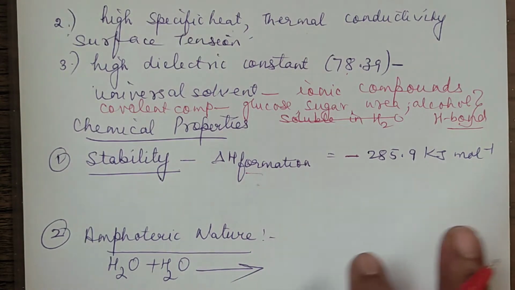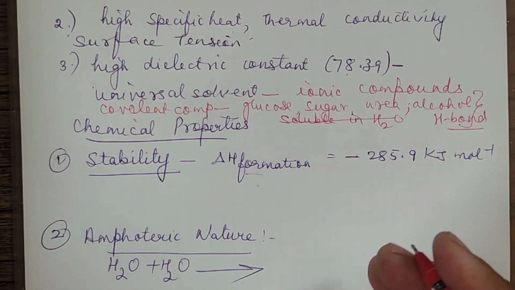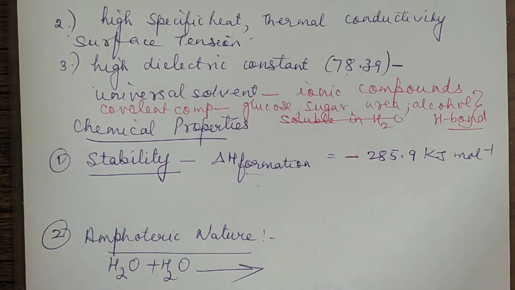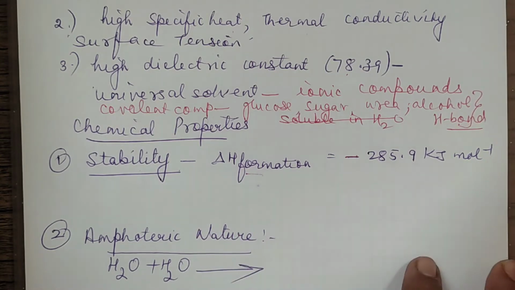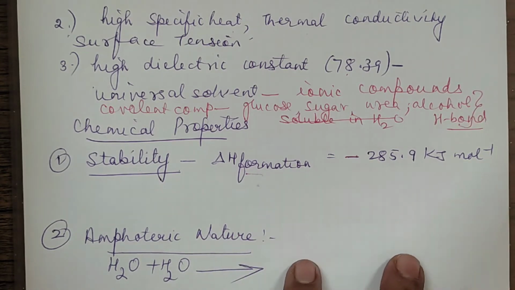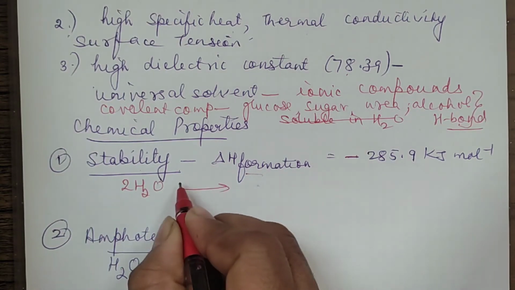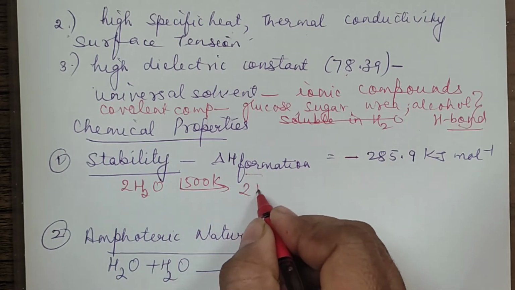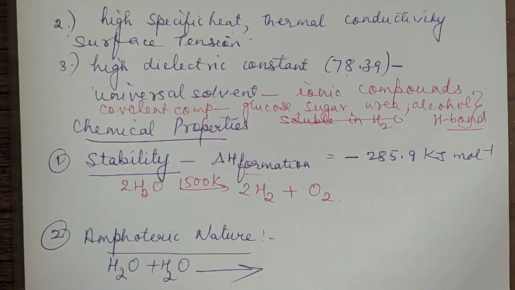It is very stable at ordinary temperatures and does not decompose readily even at high temperatures. At very high temperature, it will decompose. At slightly high temperatures, it will not decompose. But at high temperature, say around 1500 Kelvin, water can decompose and it will result in the formation of hydrogen and oxygen.